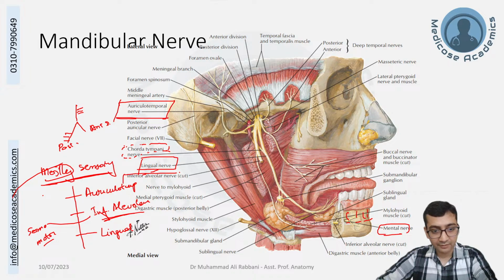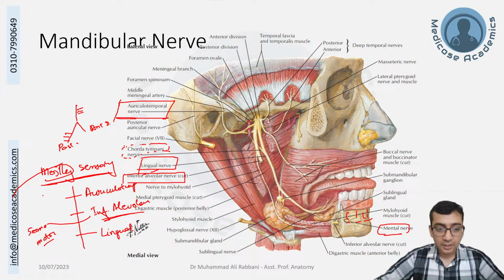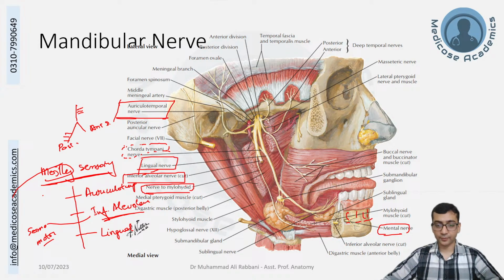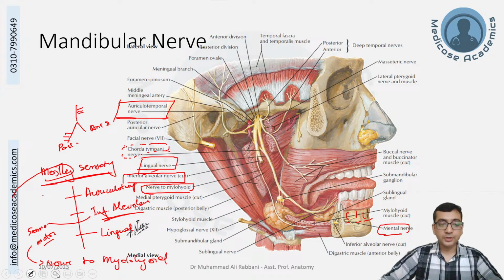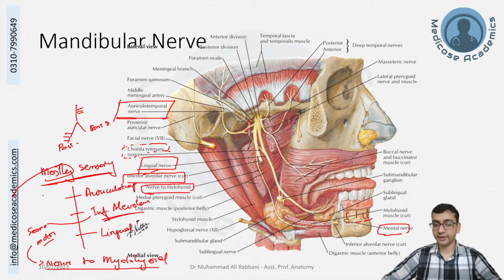So this is the inferior alveolar nerve. But you can see before it enters the bony canal, it gives rise to this nerve, that is the nerve to mylohyoid. So this is the motor component. This is the only motor component of the posterior division.